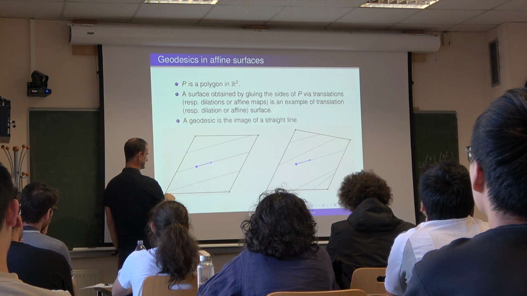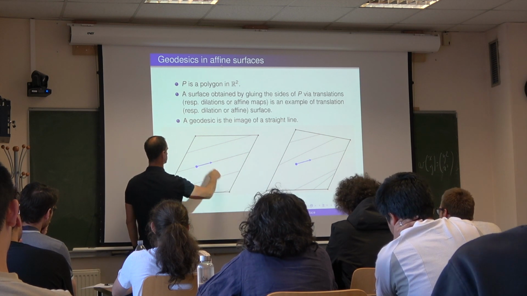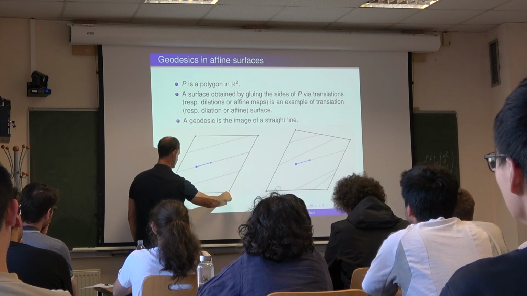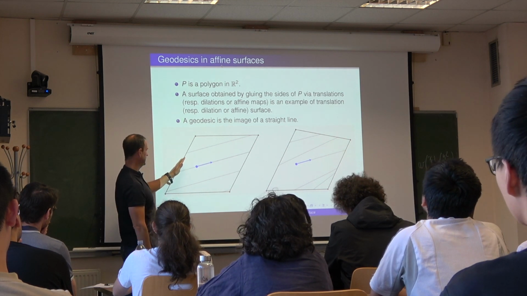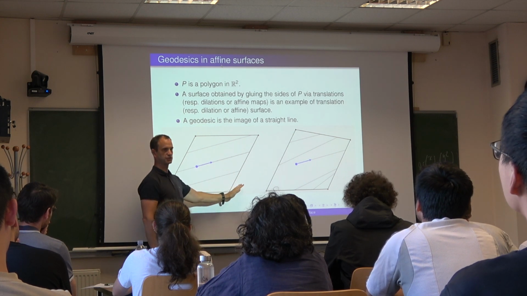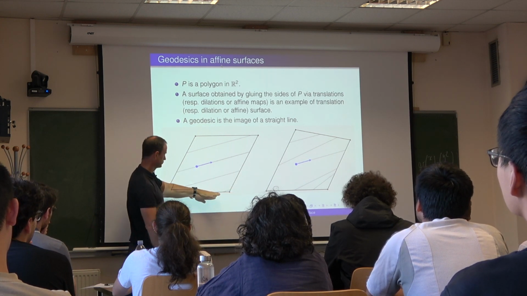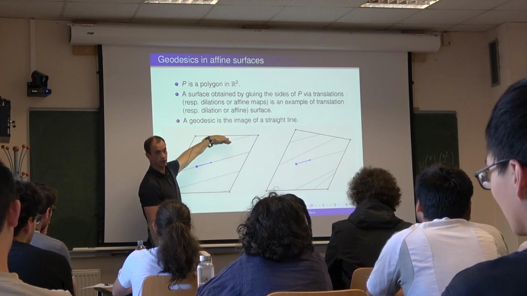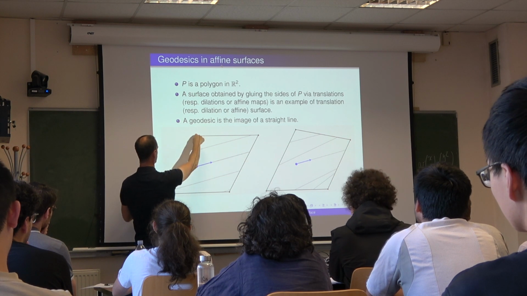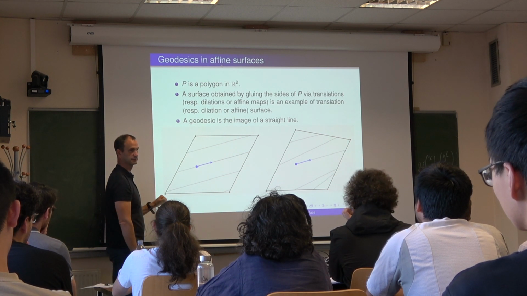If you imagine that this is 0 and this is 1, so here is again an equilateral triangle. You glue the left side to the right side using translation by 1. You glue the bottom to the top using translation by 1 plus a cube root of unity.